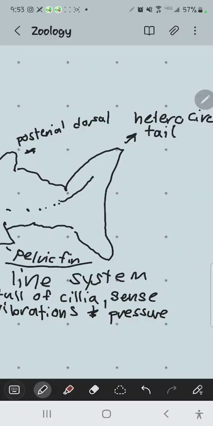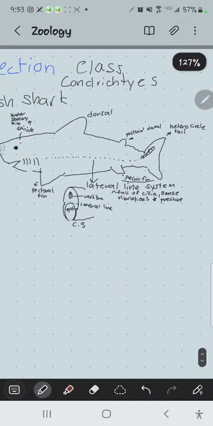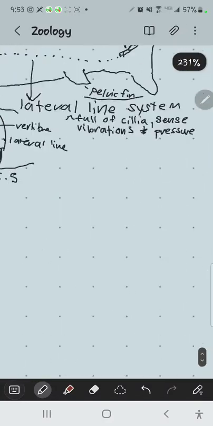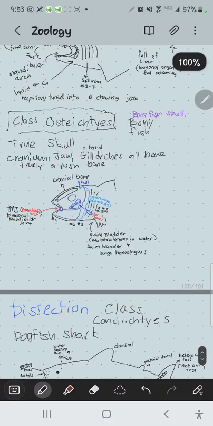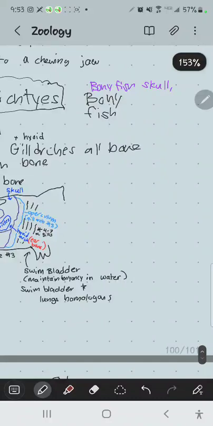Whereas in a bony fish, they have what's called a homocercal tail, where the backbone stops just short of the tail, and the tail is pretty symmetrical. I won't ask that on a test, but that's one of the key features of sharks versus bony fish: tail structure is a unique difference. Also, the bony fishes use their bones to support fins, whereas sharks use cartilage and muscle to support fins.